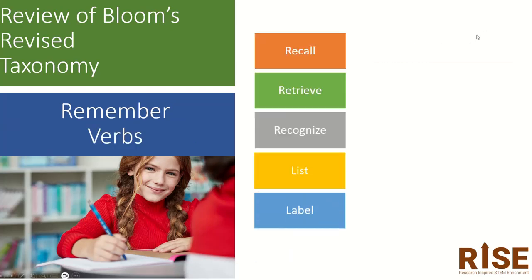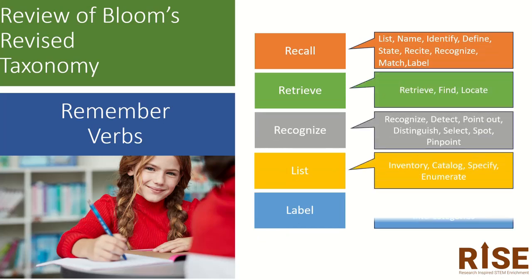Some of the tasks and activities associated with the remembering levels typically include recalling, retrieving, recognizing, listing, and labeling. Here are some of the verbs that are connected with those tasks and activities. Recalling usually includes list, name, identify, define, state, recite, recognize, match, and label.